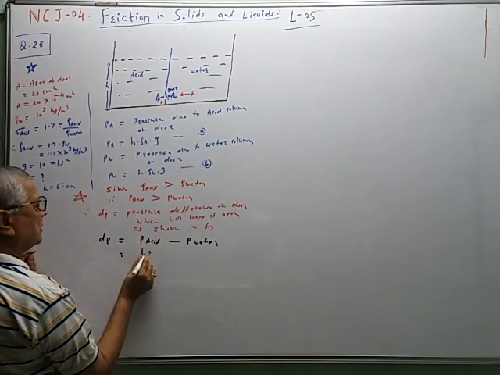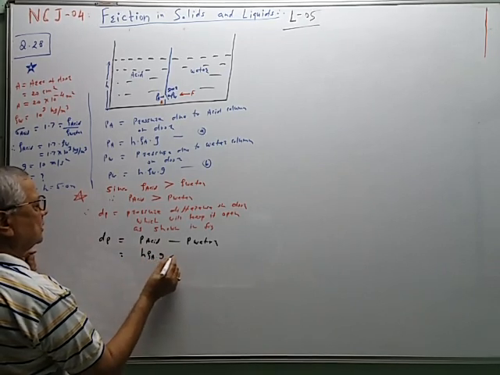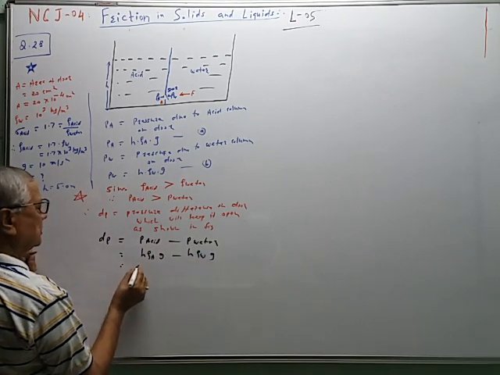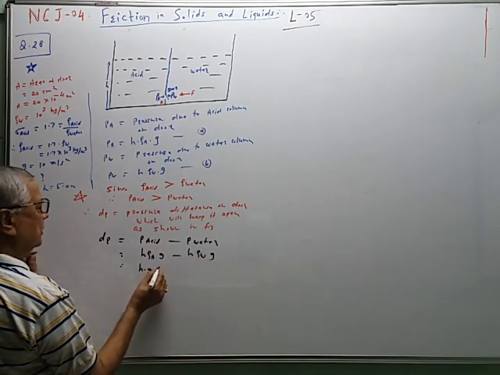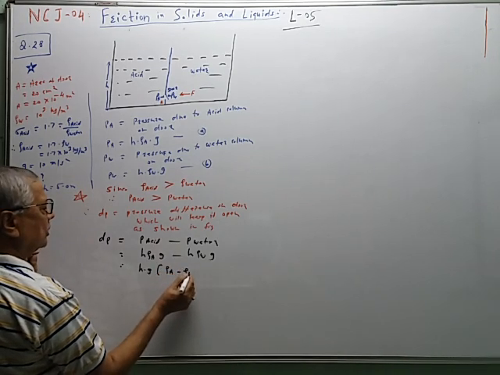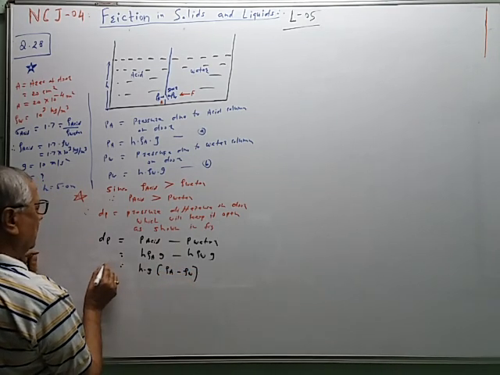Therefore, this is equal to h into rho A g minus h into rho W into g. So this is equal to h common, g common, into bracket of rho acid minus rho W. This is dP.